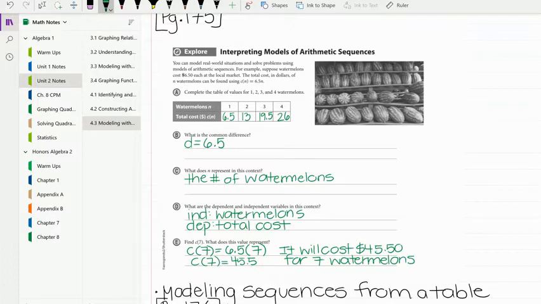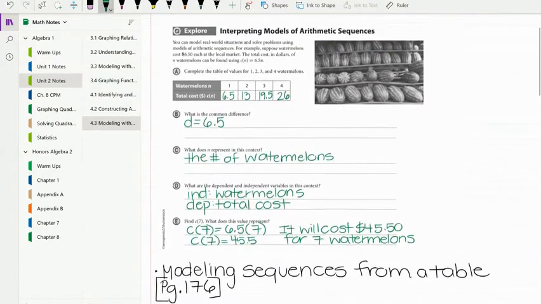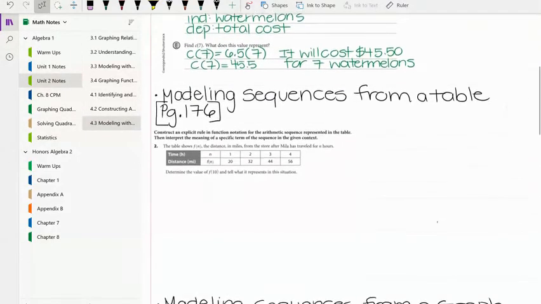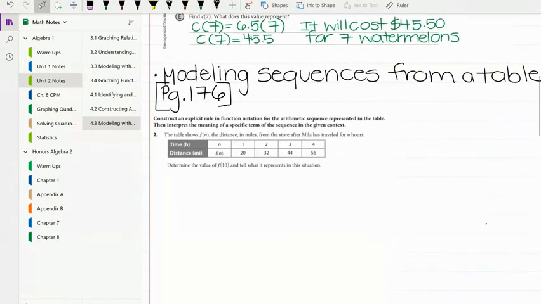Okay. So next is modeling sequences from a table. So this was kind of like a little introduction. Now we're going to be modeling sequences from a table, from a graph, and from a situation. So we'll look at the table first. So we have a table which represents the distance in miles from the store after Mila had traveled for n hours.